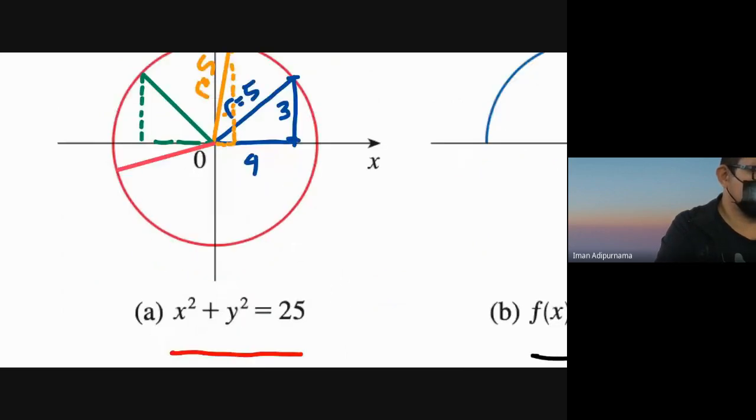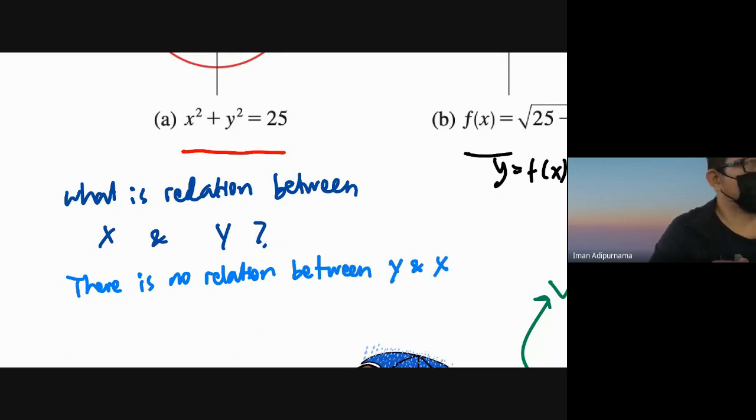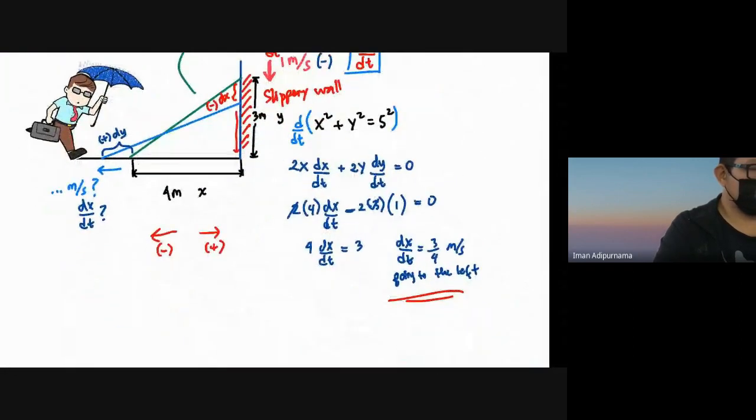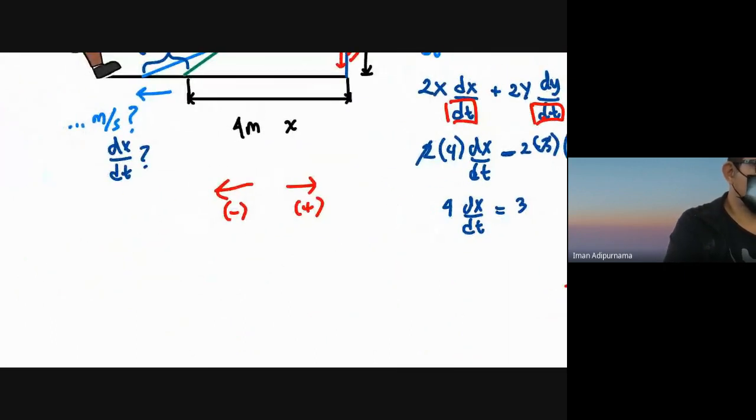So what is implicit differentiation? We know that there is no relation between y and x here. There is no relation because these two are different things. But if you look at this triangle here, although we have included another variable t, if you look closely, let's derive this.